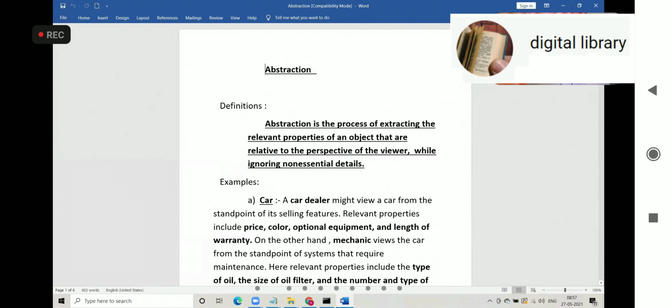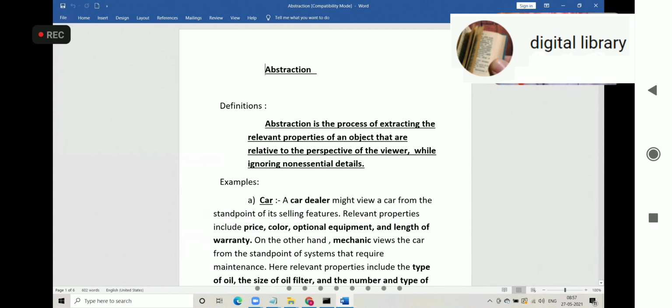At the most, being a user, what is the cost, what is the warranty, what is the color of that car, what is the model, and so on. But the technicalities of that car, we don't want to learn. We don't have to bother about technicalities of the car because that is not our perspective.